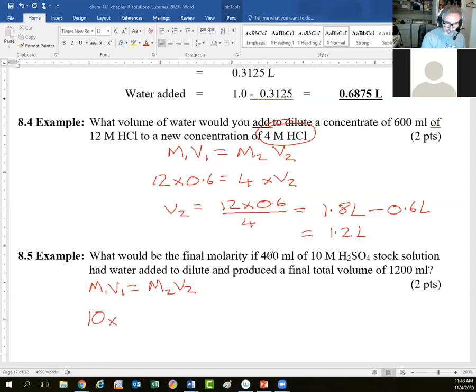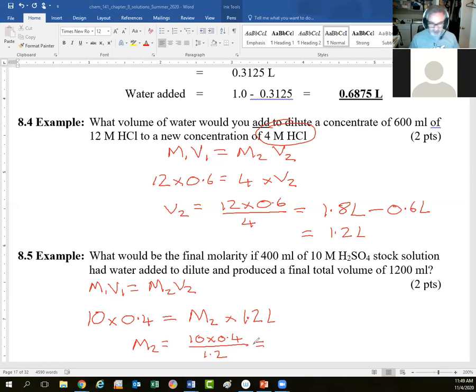We've got the initial volume, 400 milliliters, which is 0.4 liters. And we want to find out the final concentration, M2. And we want a final total volume of 1200 milliliters, or 1.2 liters. So for M2, that'll be the 10 multiplied by the 0.4 divided by the 1.2.